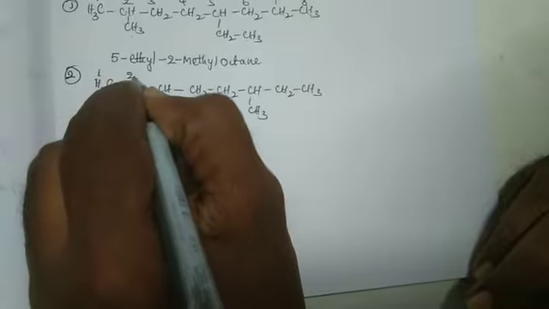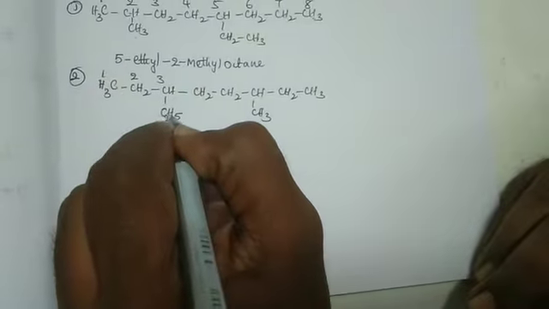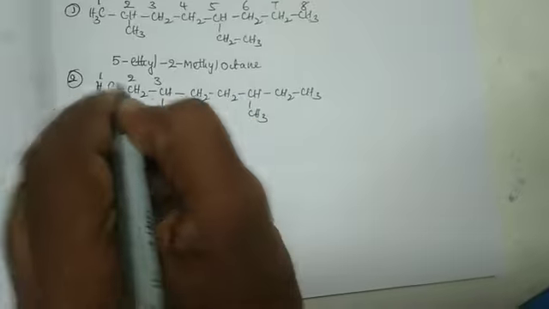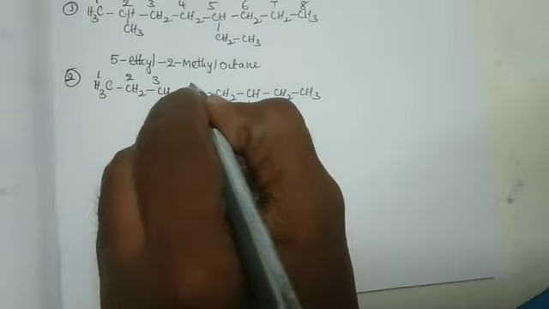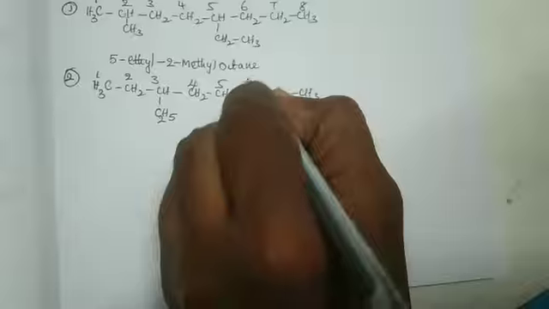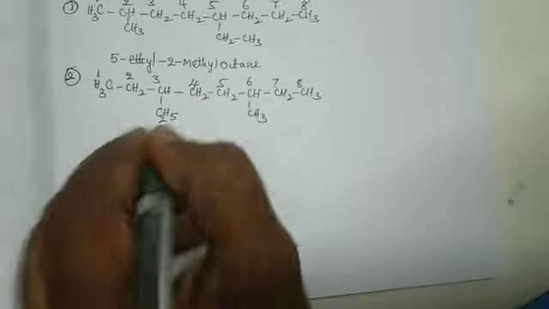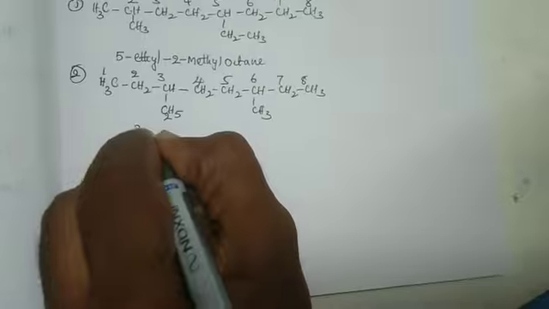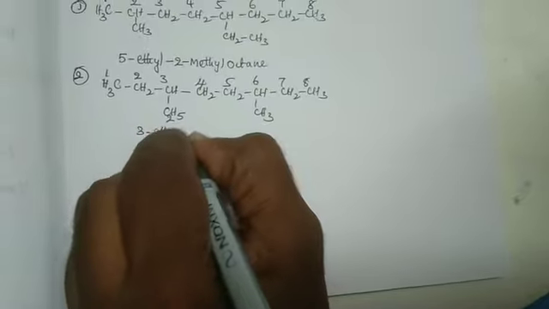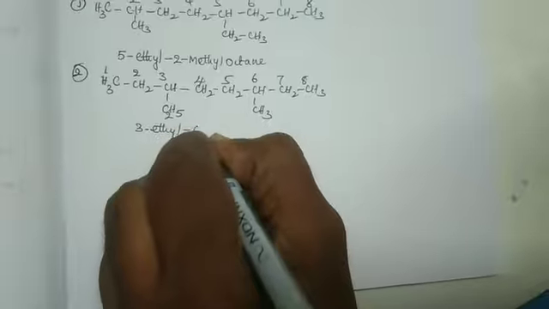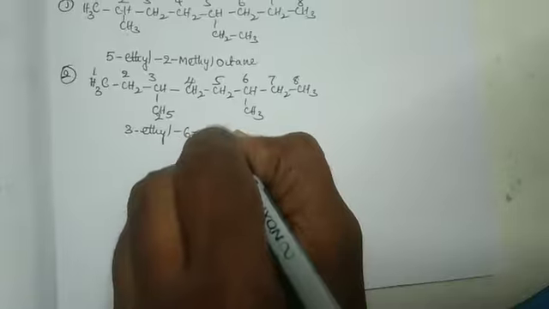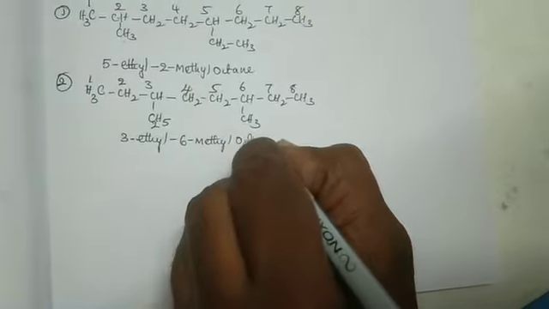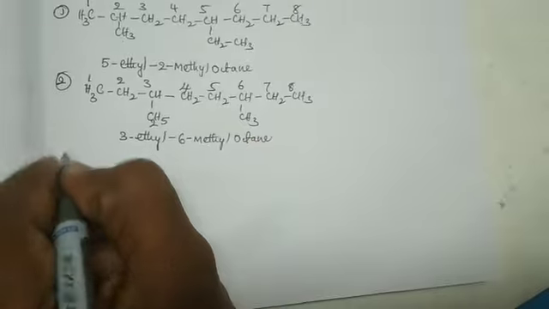So 1, 2, ethyl is the first one in alphabetical order. So you have to give the numbering from this side, 4, 5, 6, 7, 8. So when you are writing that, you will write 3-ethyl, 6-methyl octane.